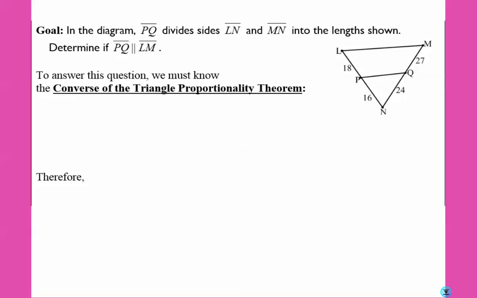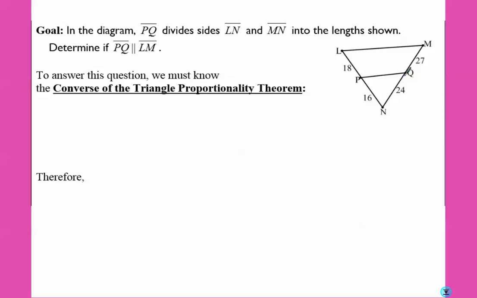If in the diagram PQ divides lines LN and MN into the lengths shown, determine if PQ is parallel to LM. So we want to know if this segment that cuts our triangle into two pieces is parallel to the top of the triangle.